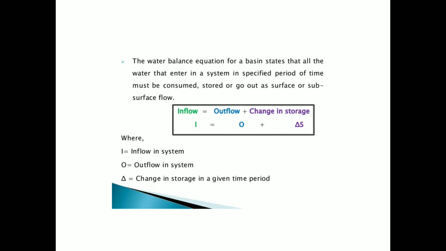So that can be mentioned in the form of an equation as follows: inflow equals outflow plus change in storage, that is I = O + ΔS, where I is the inflow in the system, O is the outflow in the system, and ΔS is the change in storage in a given time period.